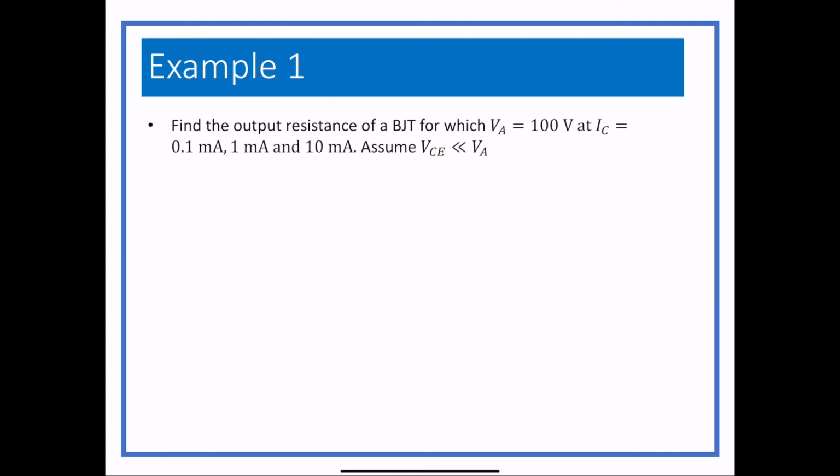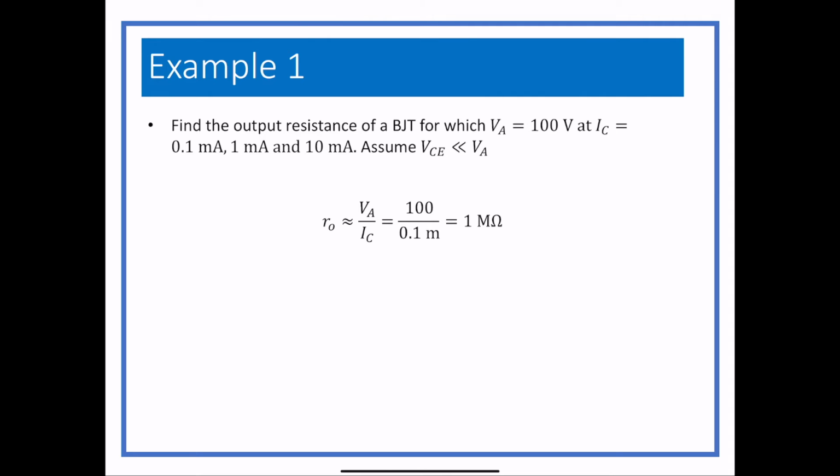So if we have a BJT that has an early voltage of 100 volts and we want to look at what the output resistance is at 3 different values of IC, we're going to assume VCE is much less than VA, so we're not even going to use that. And so if IC is 0.1 milliamps, then RO is 1 megohm, which is actually really big. It basically has no effect on the circuit.